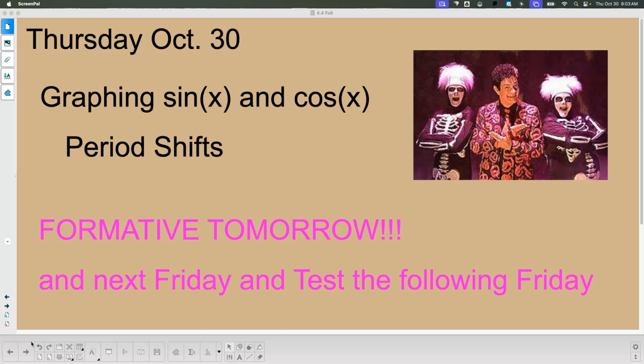That one's actually going to be the dreaded front and back formative. Then the following Friday is the dreaded test, and that will be a front and a back and a front and a back. So we're ramping you up towards the test.